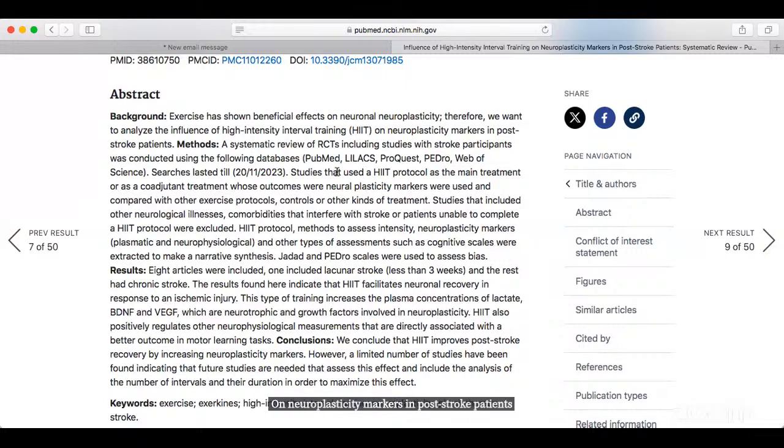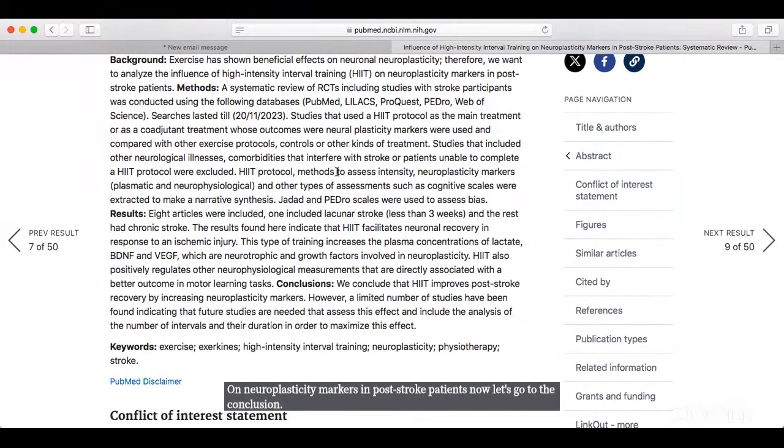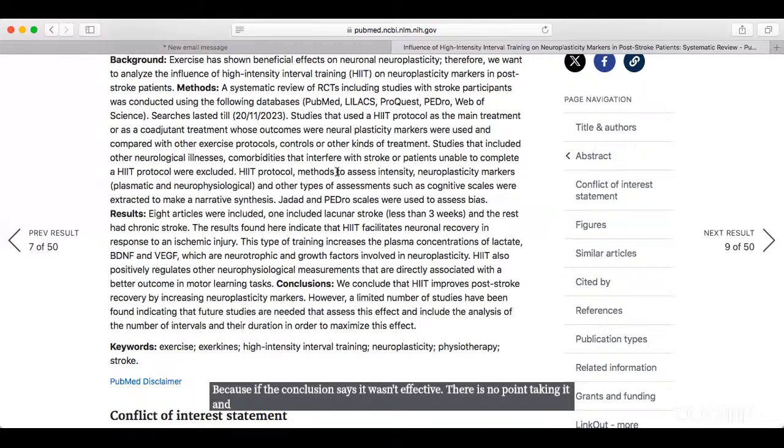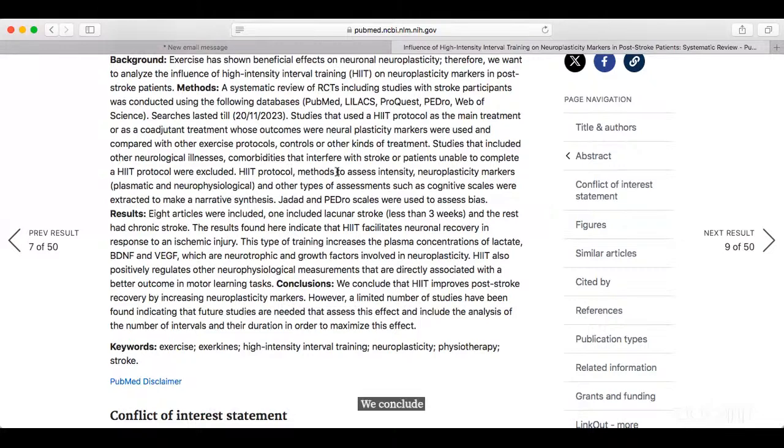Now let's go to the conclusion. Because if the conclusion says it wasn't effective, there is no point taking it and applying it on my patient. We conclude that HIIT improves post-stroke recovery by increasing neuroplasticity markers.